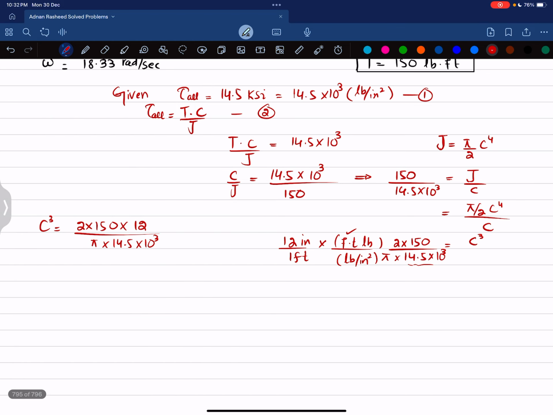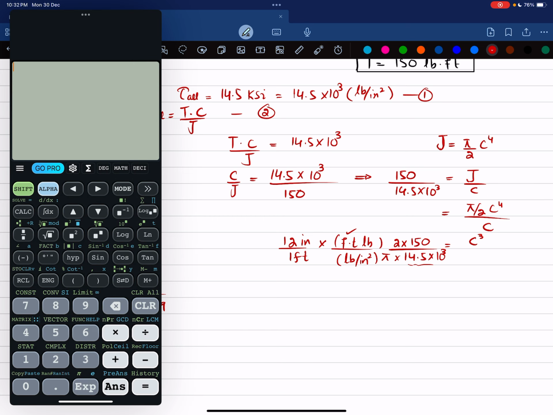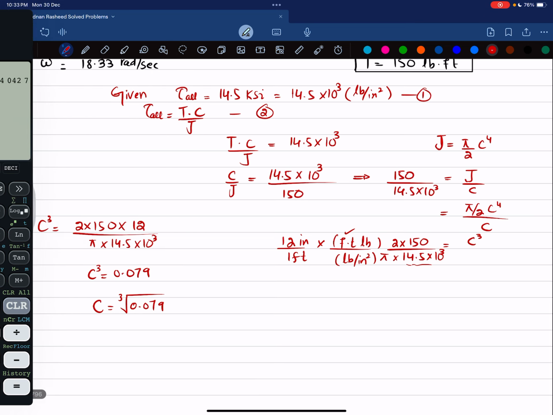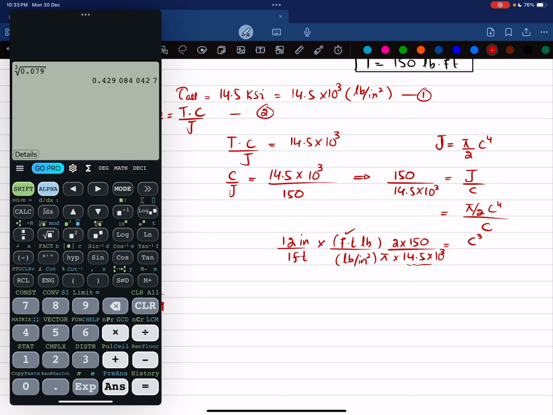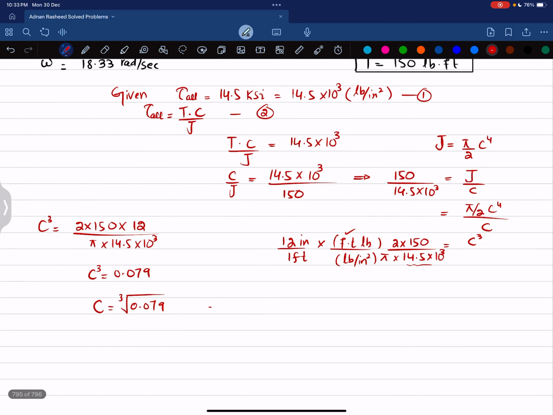So let me write it: C cubed is equal to 0.079, and if you take the cube root, this will be equal to 0.429, or you can say C will be equal to 0.429 inch.